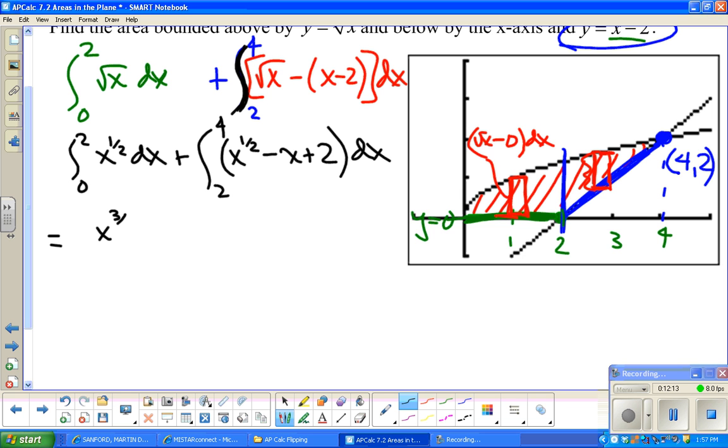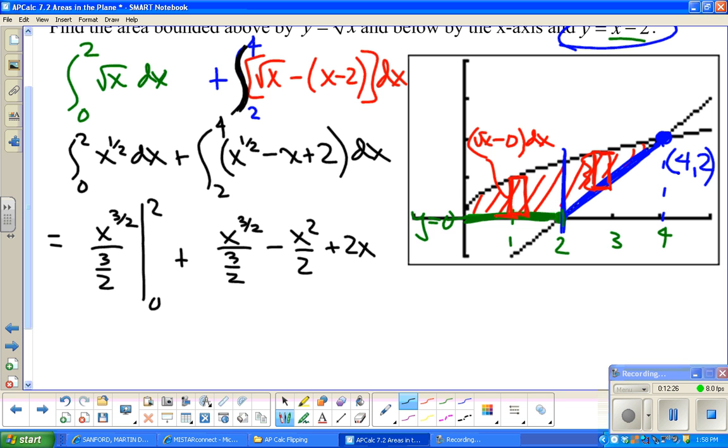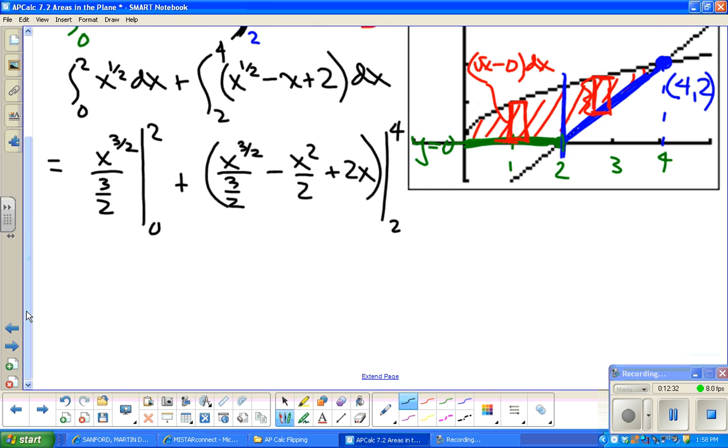So x to the 3/2 over 3/2, plus x to the 3/2 over 3/2, x squared over 2, 2x. Okay, and we can kind of keep going from here.